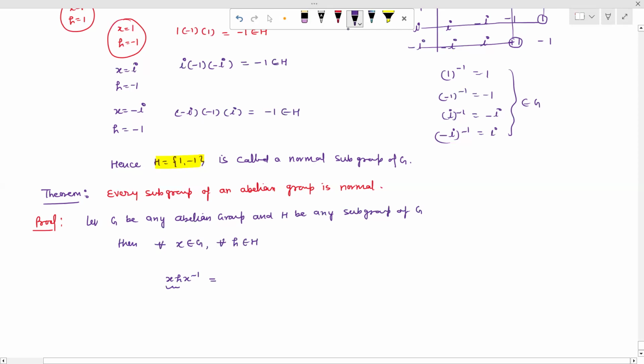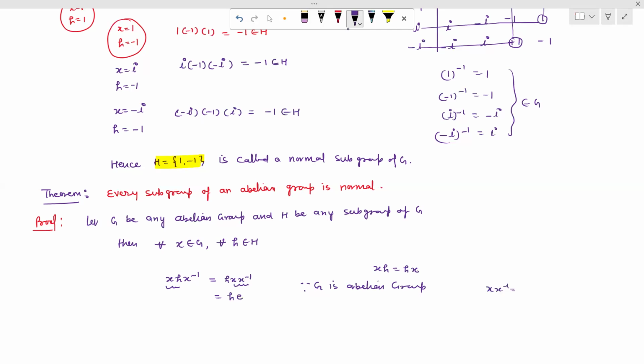By using the abelian condition, x h we can write as h x, because G is an abelian group, which means it satisfies the commutative property. So this equals h times x x inverse. x into x inverse is the identity, x x inverse equals x inverse x equals e by the definition of inverse.